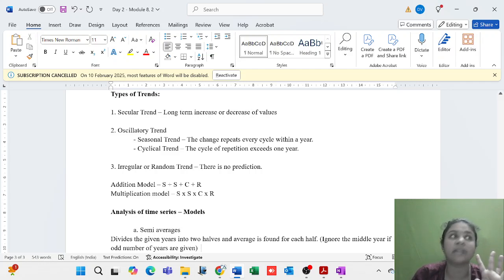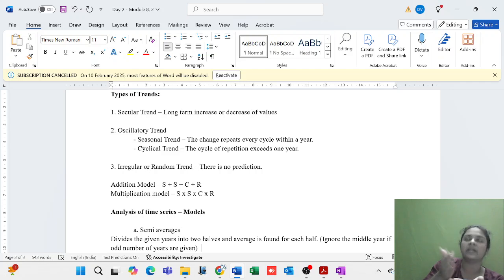There are 4 types of trends. Secular trend, which is a long-term increase or decrease of values. Oscillatory trend. Oscillatory means up and down trend, where the cycle will keep repeating either seasonally or cyclically. Seasonal trend means the up and down change will keep coming within a year.